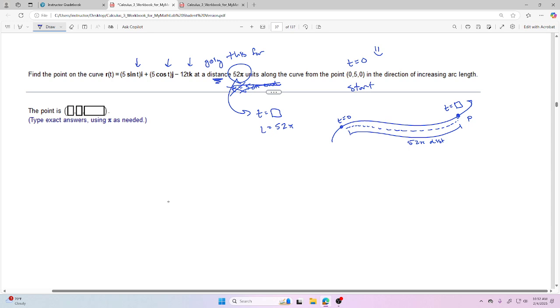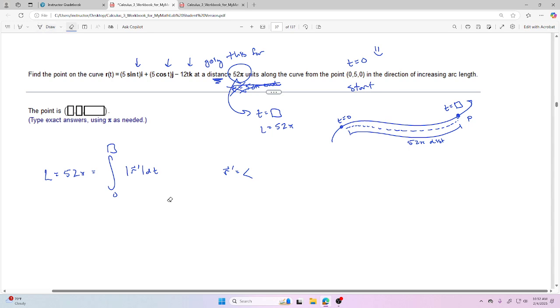Good analysis. So L, which is my 52 pi, is equal to the integral from 0 to something, right? I don't know. Magnitude of r prime dt. So obviously we need to find some stuff. Here we go. R prime, help me out. Oh, cosine, you're right, positive.